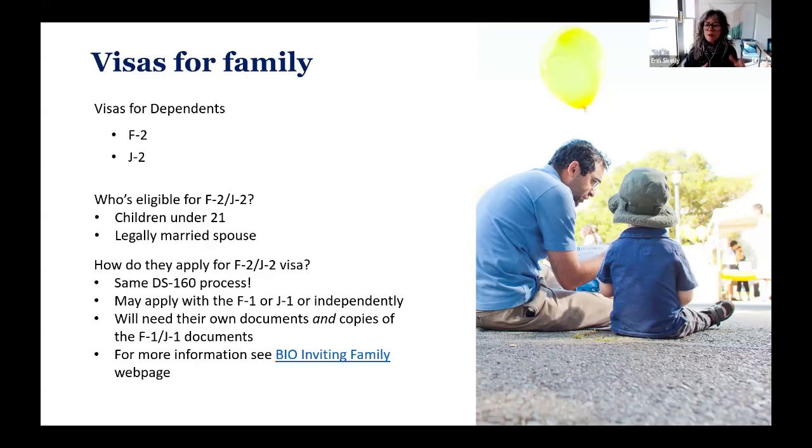So the J2 or F2 will have their own DS-2019 and their own passport, but they also need copies of the J1's DS-2019, J1's passport, J1's funding information, proof of the J1's enrollment or admission, all those things. For more information, we have an inviting family webpage that'll give you full details.